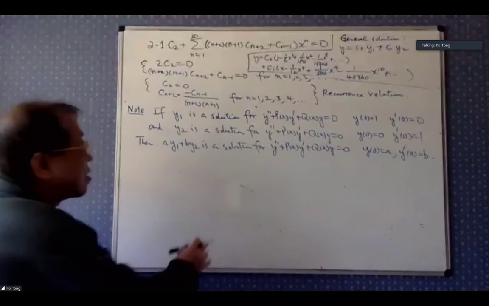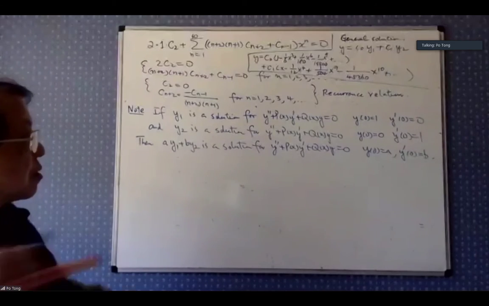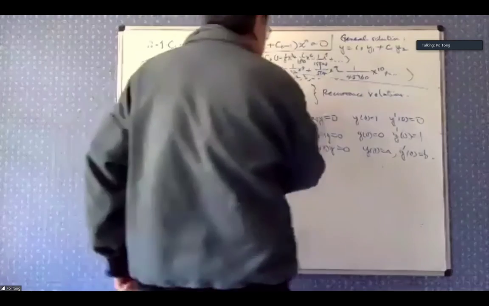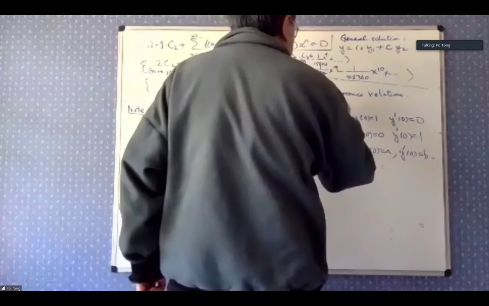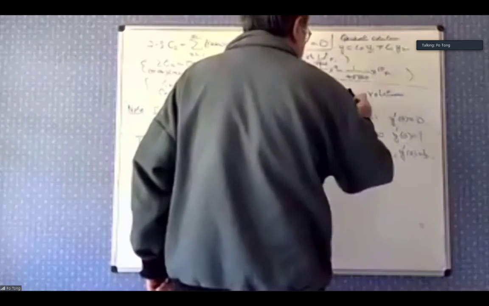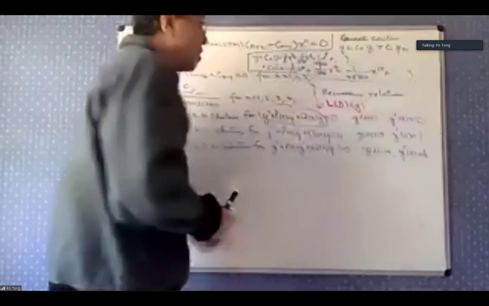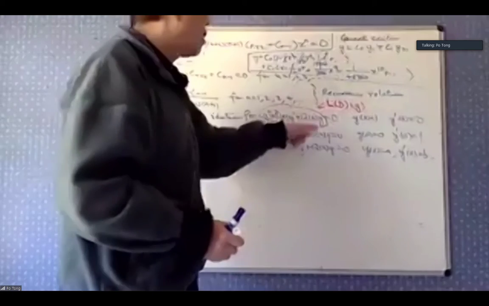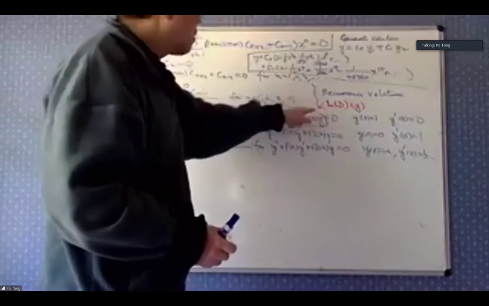Notation-wise, I'm going to make it a little bit easier so that I don't have to write that much. I'm going to call this L[y], a linear operator operating on y. Are you guys okay with this notation?